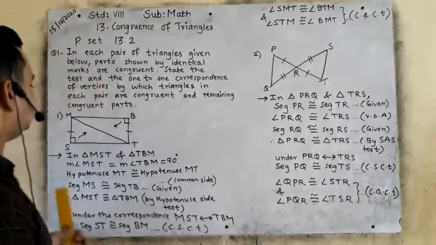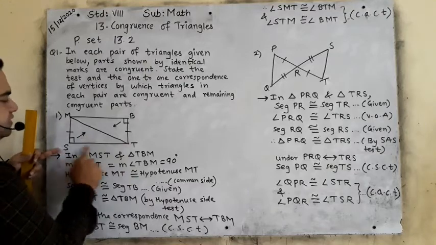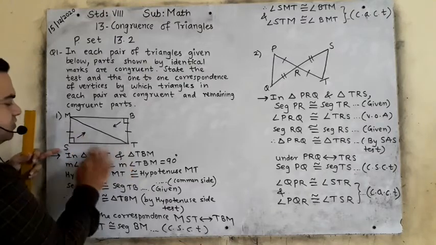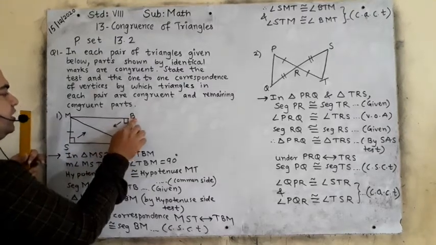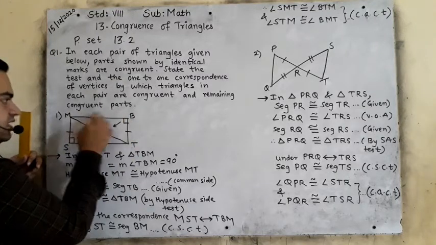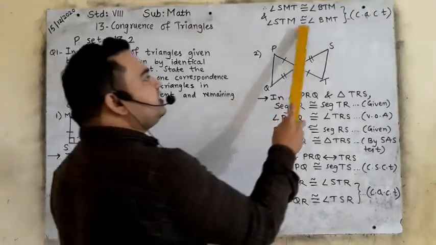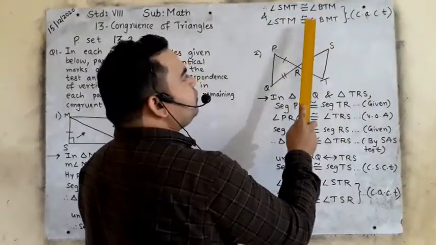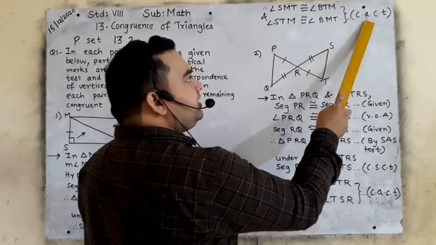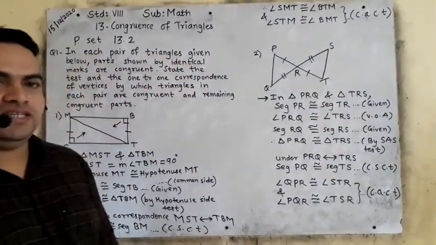Similarly for ST, now see STM. Here there is no mark. So BMT, from B it will go where there is no mark, BMT. So these two angles also will be congruent. Why? Because corresponding angles of congruent triangles are congruent to each other.